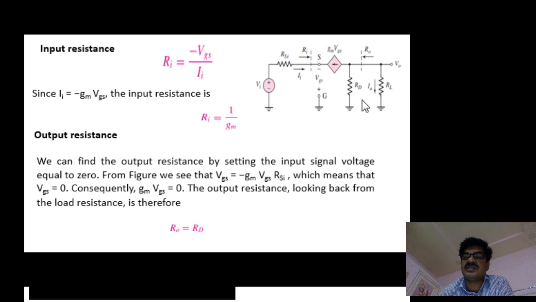Hence the output resistance is the parallel combination of RD and RL. If you look at the output resistance as per the circuit, it is equal to RD, but if you see from this point, it is RD parallel RL. Like that, the output resistance is derived. Thank you.